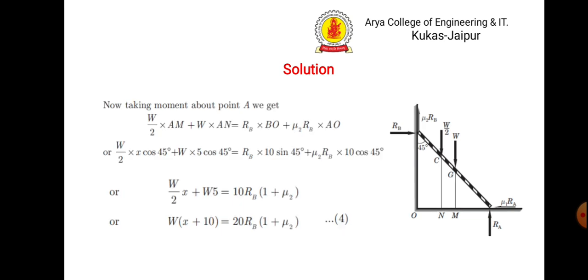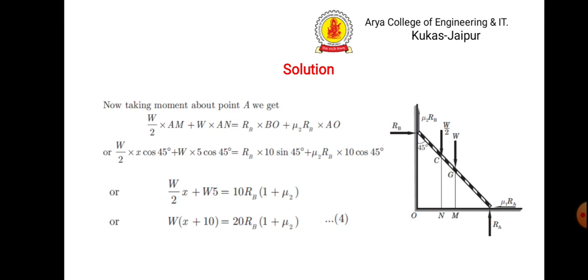Now taking the moment about point A. The moments of RA and mu 1 RA will be 0, because they pass through this point A. So W by 2 into AM plus W into AN are the moments in the anti-clockwise direction.